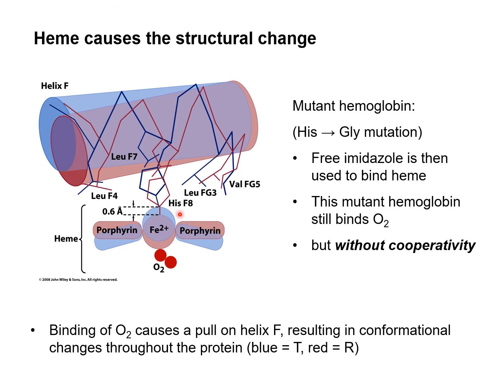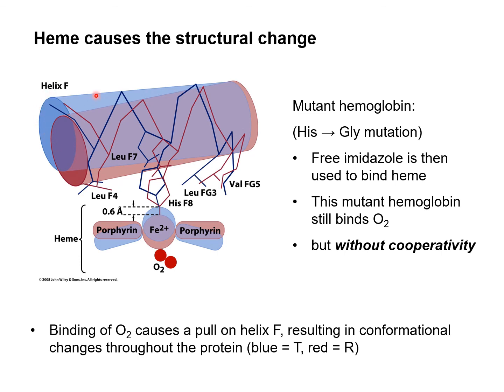The heme causes the structural change of hemoglobin through helix F. Binding of oxygen to the heme group causes the pull of helix F downward, resulting in conformational changes throughout the protein too.